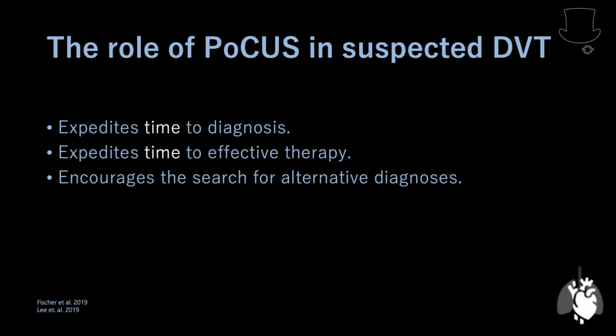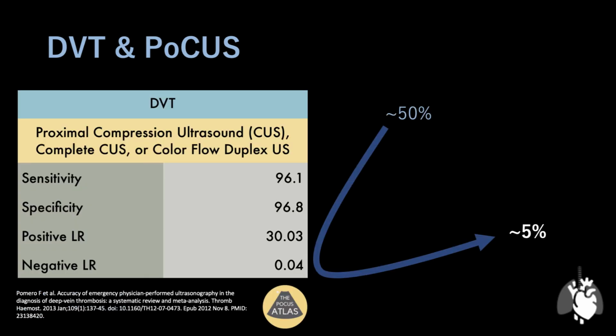There is very good evidence that POCUS reduces the time to diagnosis and the time to initiation of treatment for DVTs. I would also argue that the extra few minutes at the bedside performing point-of-care ultrasounds improves patient care in ways that are much too subtle to be measured at this point. Another situation to consider is if the illness script and the POCUS findings are discordant.